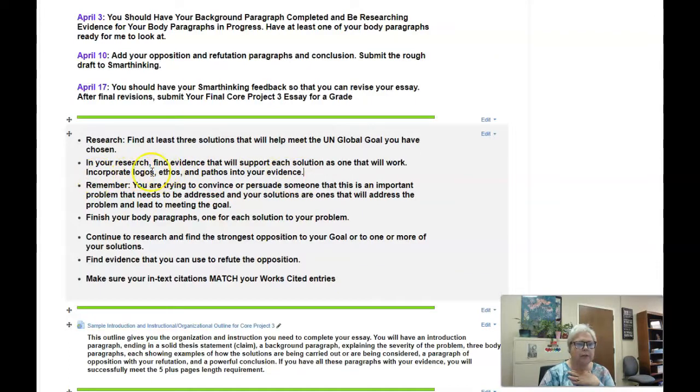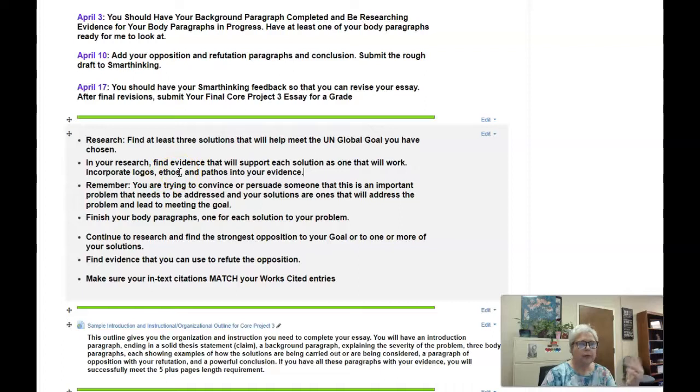Remember, logos is logic with facts and figures. Ethos inspires that you are a good source for this material. When somebody reads it, they can tell that you have that ethical component because it's well written and well cited so that they can find the information there.